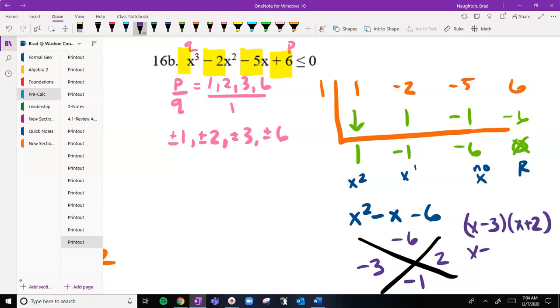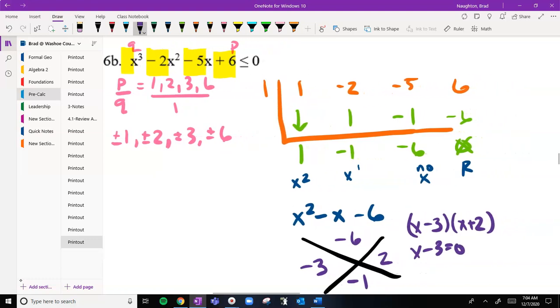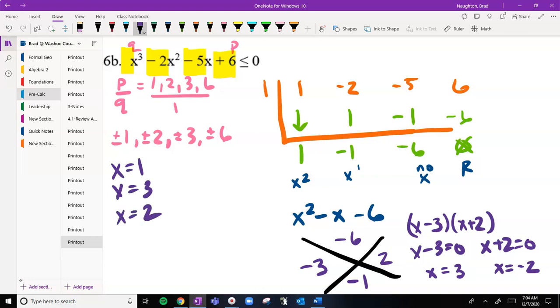And so we get x minus 3 is equal to 0. Move this over. X plus 2 is equal to 0. So x equals 3 and x equals -2. Alrighty. So my numbers are x equals 1, x equals 3, x equals -2.